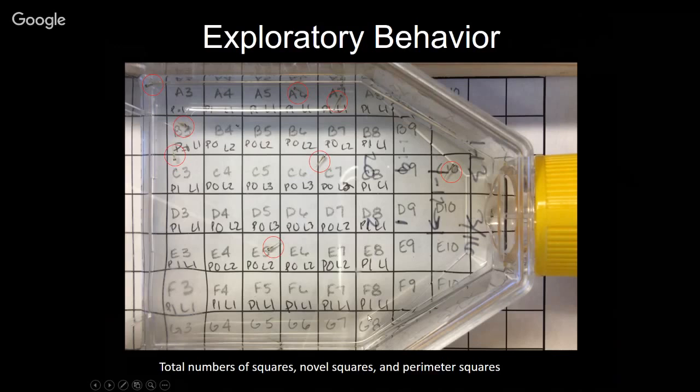And then we looked at how long they spent on the perimeter, or how many perimeter squares they traversed into. So were they hanging out here in the center like these guys, or were they only staying on the perimeter? For example, if this guy only went down here and across here, that would be a fish that was hanging out just in the perimeter.